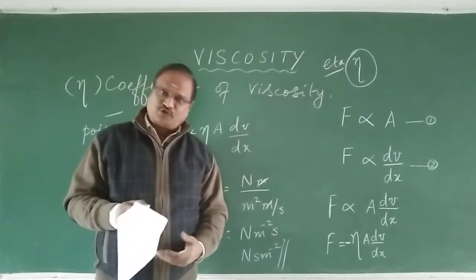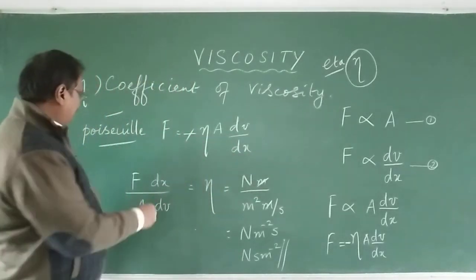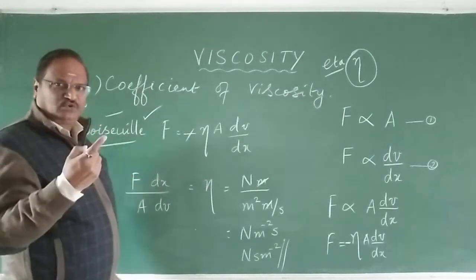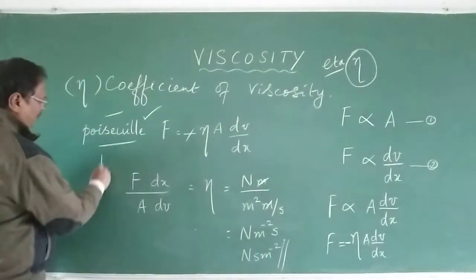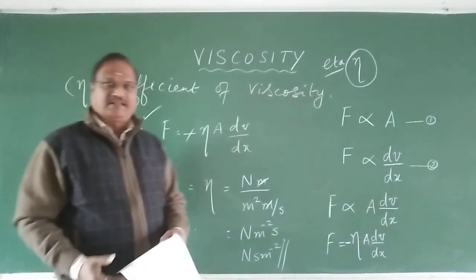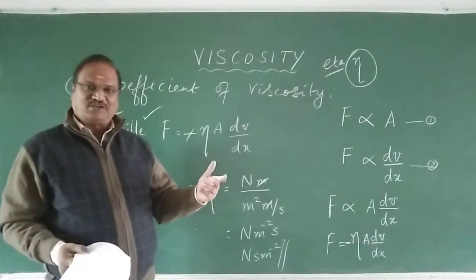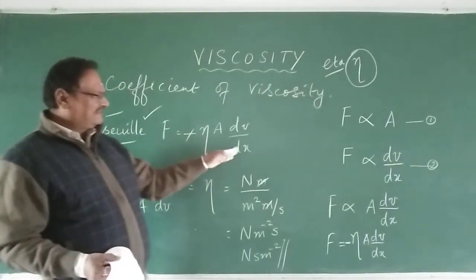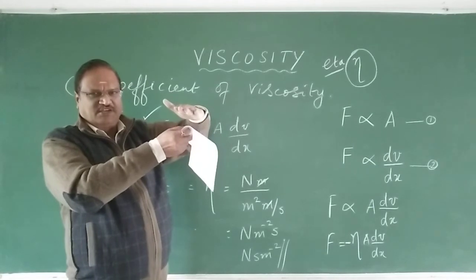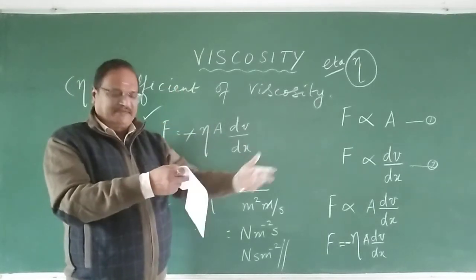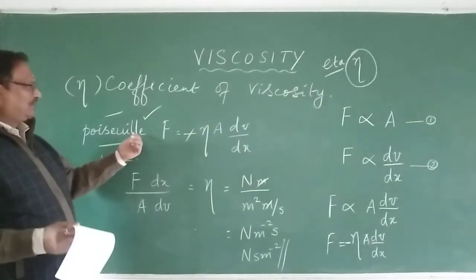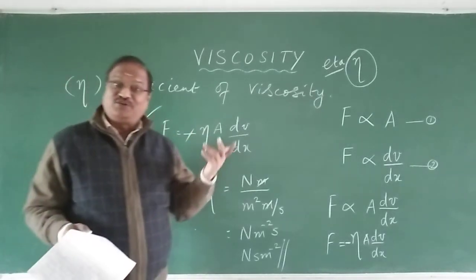We will do Poiseuille's formula, and the SI unit is Poiseuille. Okay, and also you can use poise. Poise is actually the CGS unit, that is in dyne and centimeter. Because the distances will not be in meter, usually in small layers the distance is in centimeter, so dyne will be used. So poise is the CGS unit and Poiseuille is the SI unit.